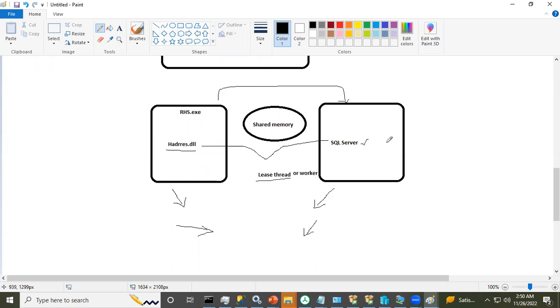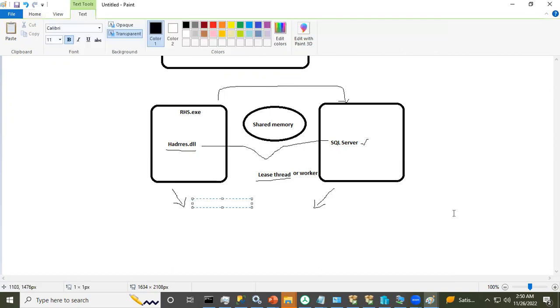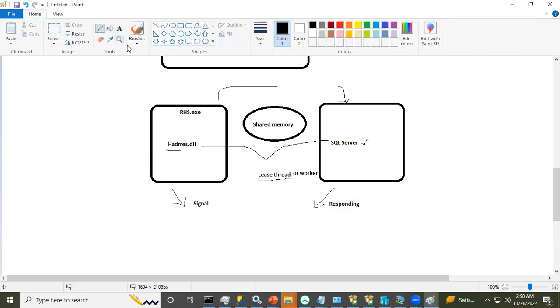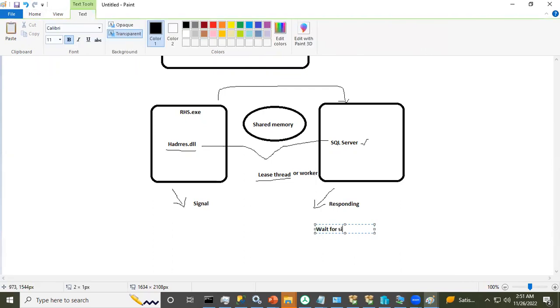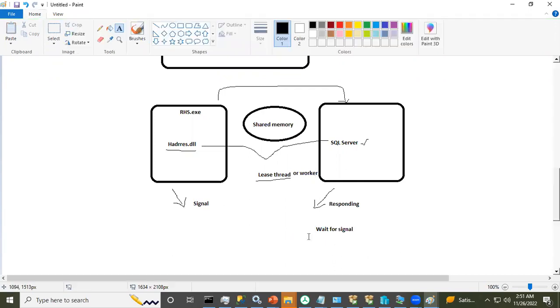For example, it will wait. SQL will wait for the signal from RHS.exe.